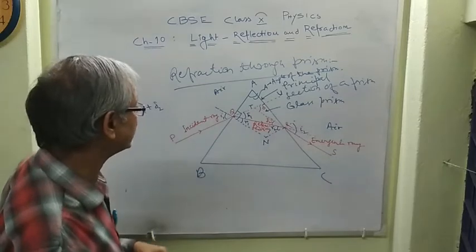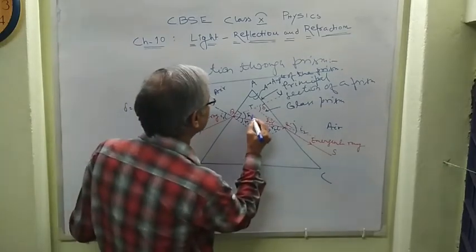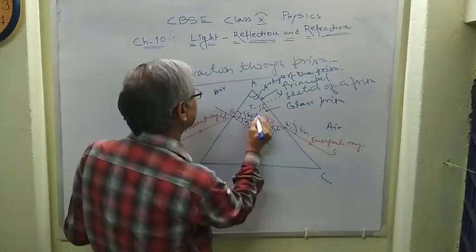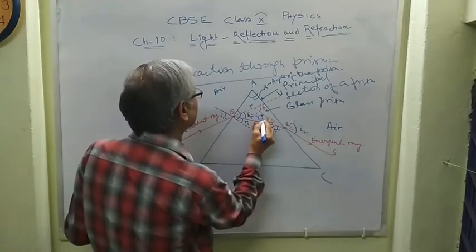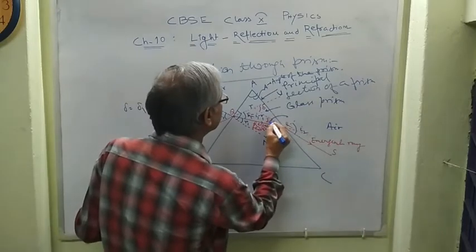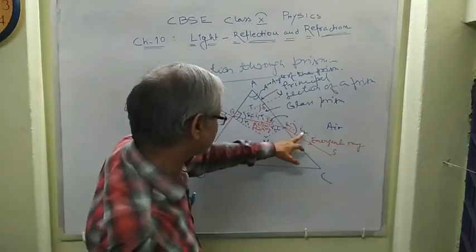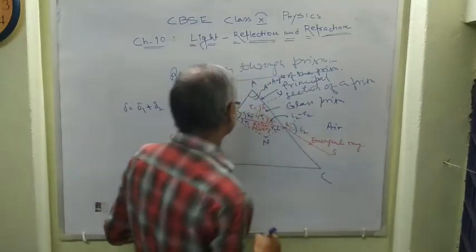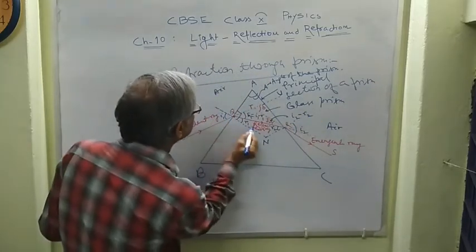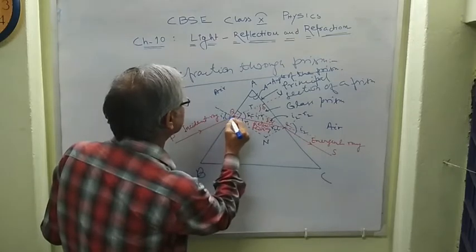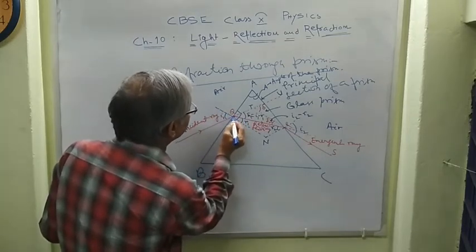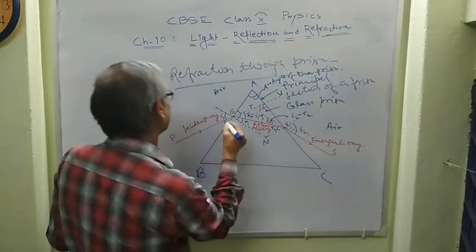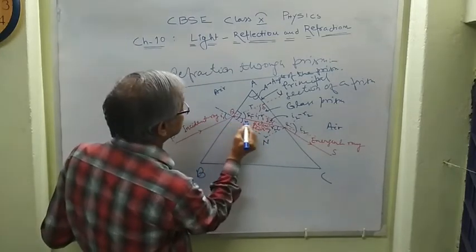And delta equals delta 1 plus delta 2. What will be delta 1? Here delta 1 will obviously be I1 minus R1, and delta 2 will be I2 minus R2, because this is the incident ray and this is the direction of the normal, and this is R1.